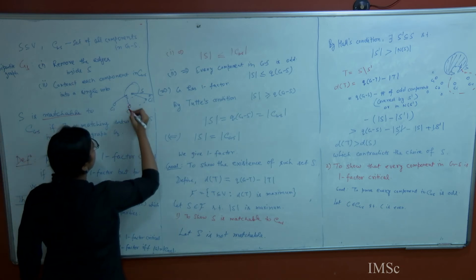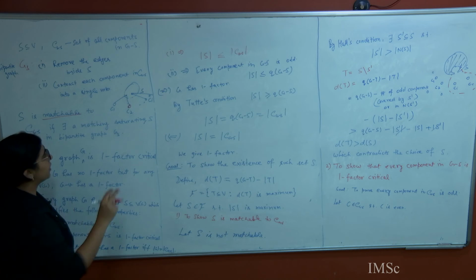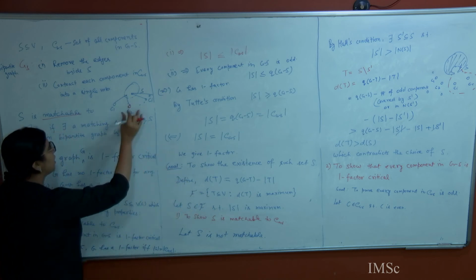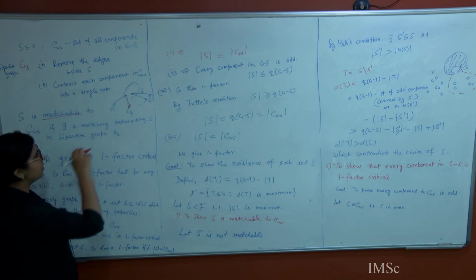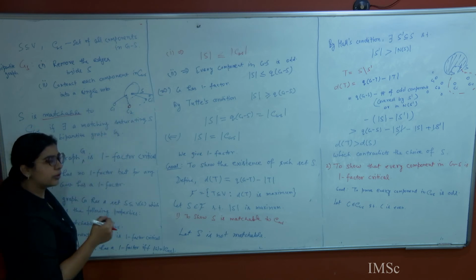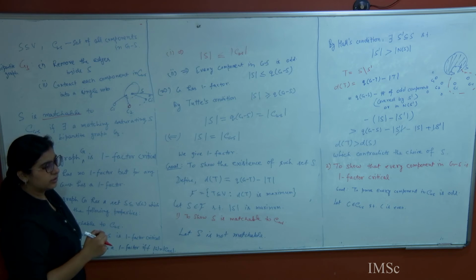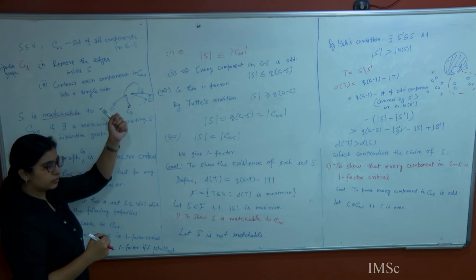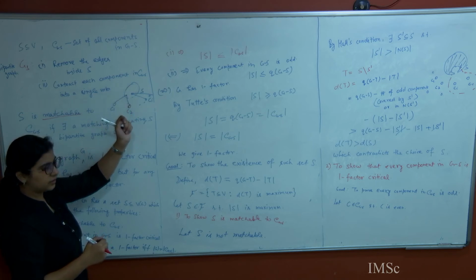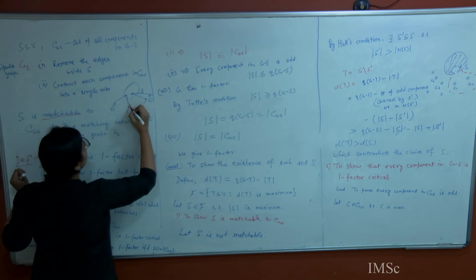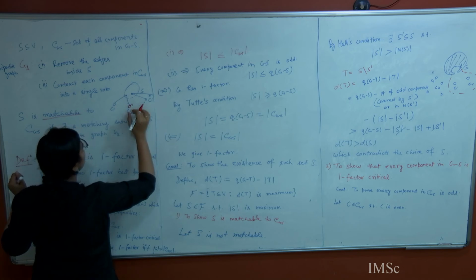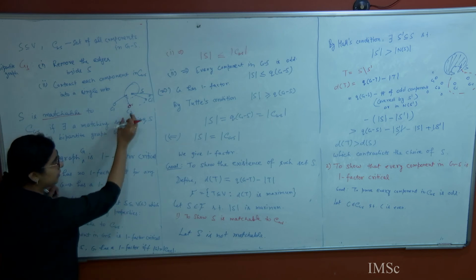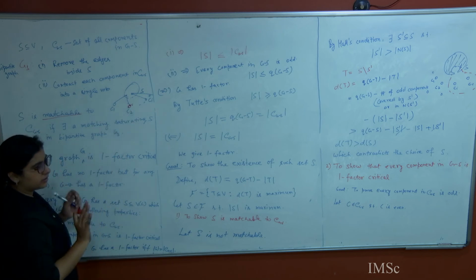We want to make it odd. What can we do? We can just take one vertex and move it to S. So let's pick one vertex v and just shift it into S. Then the remaining part is odd.